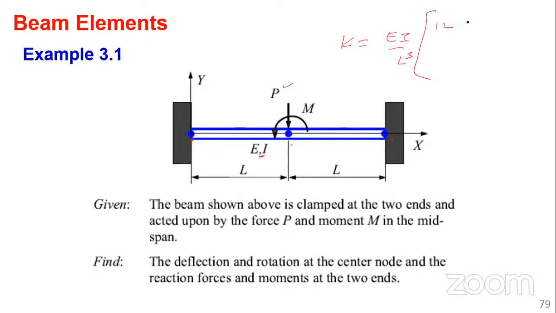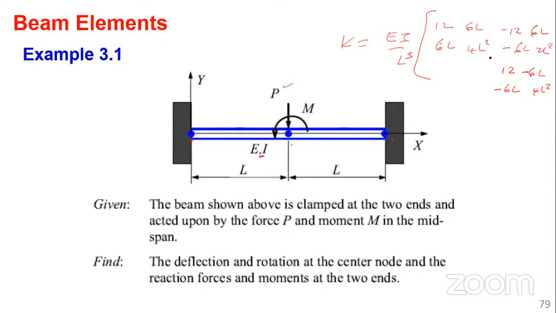We talk of 12, 6L, then 6L, 4L squared. I take this one here to have 12, 6L, minus 6L, 4L squared. So I put negatives on the minor diagonal. Then again here we have minus 12, 6L, then minus 6L, 2L squared.